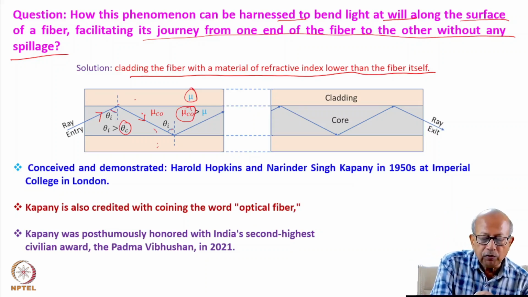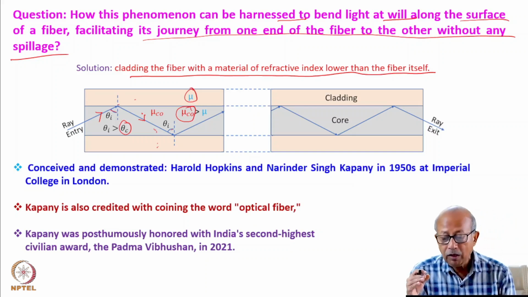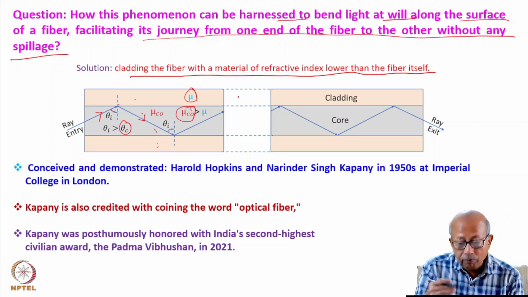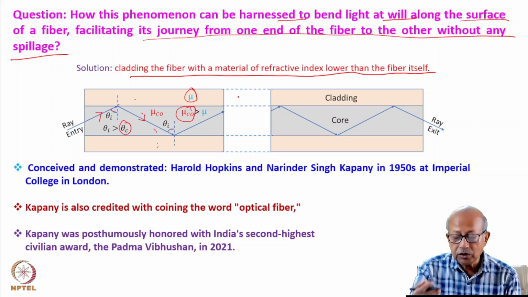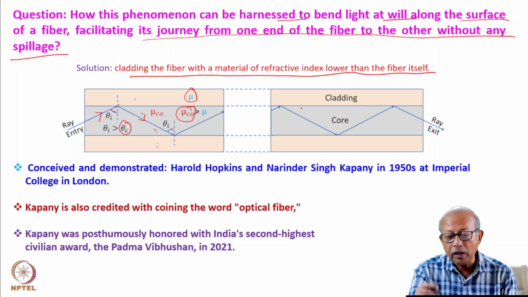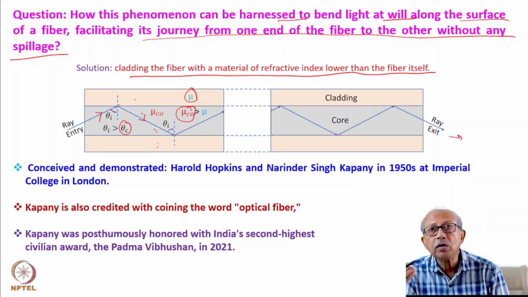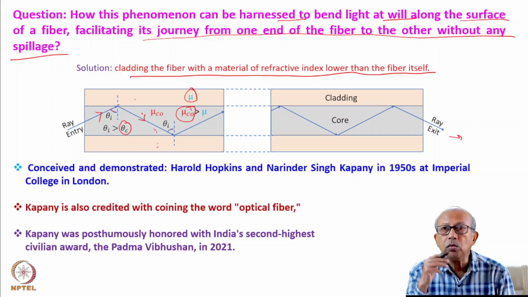Therefore, this beam of light will travel down the fiber through such zigzag paths, undergoing reflection every time it interacts with the core-clad interface, and would reach the other end without any loss or spillage of energy through refraction.